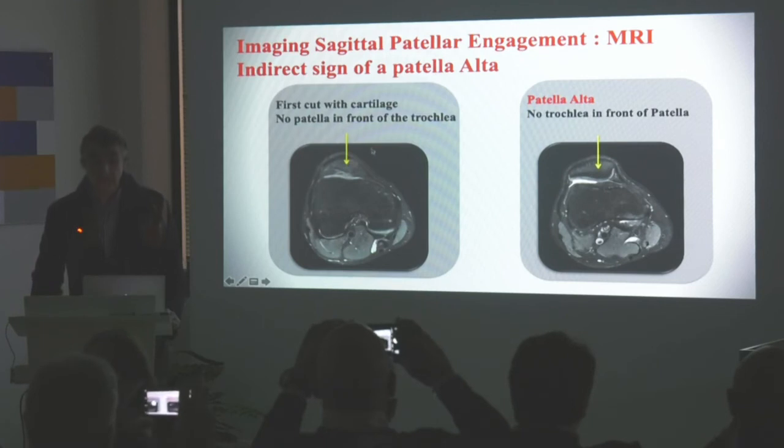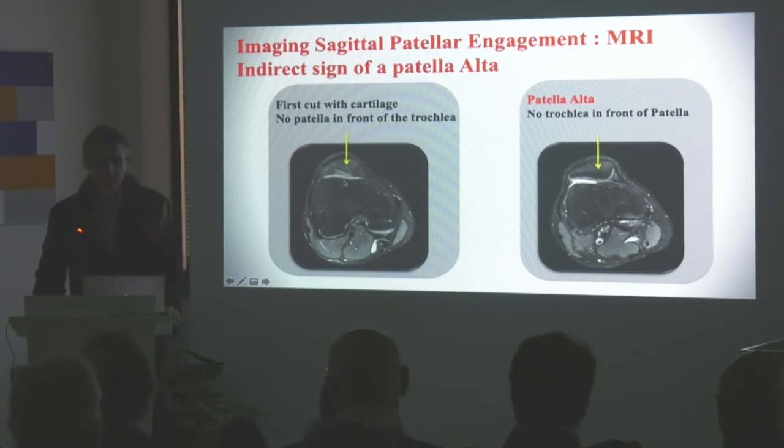And for example, when you have some X-ray, CT scan or MRI, sometimes you can see that you have a beautiful trochlea, but you have no patella in front of the trochlea, because the patella is above the trochlea. Or you can have a patella, but no trochlea in front.